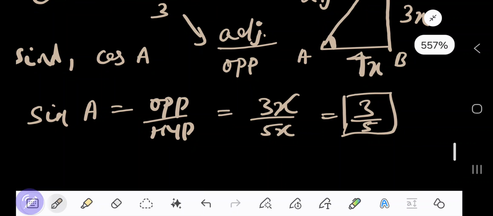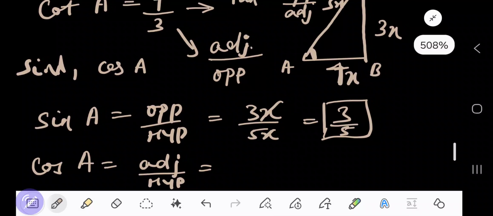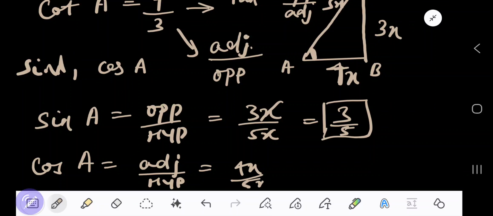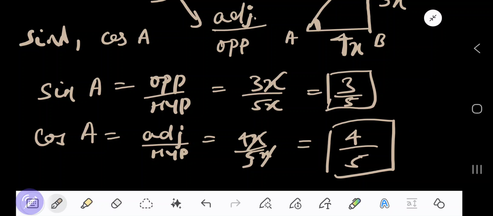That's sin A. And cos A is adjacent by hypotenuse. This is the angle again. So adjacent is 4x by hypotenuse 5x. X cancel, all you have is 4 over 5. That's the answer for this question.